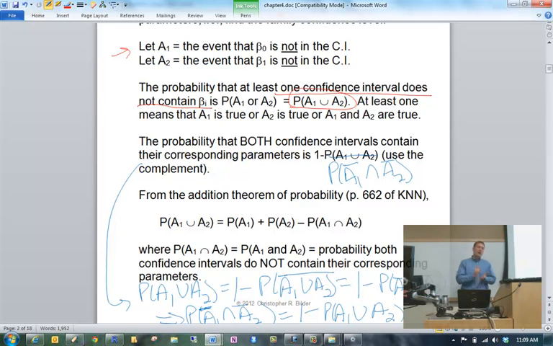In some other classes you've had, maybe instead of the little u symbol, you were just given the word or. What A1 union A2 basically means is that either A1 is true and A2 is not true, A2 is true but A1 is not true, or both of them are true. So at least one.